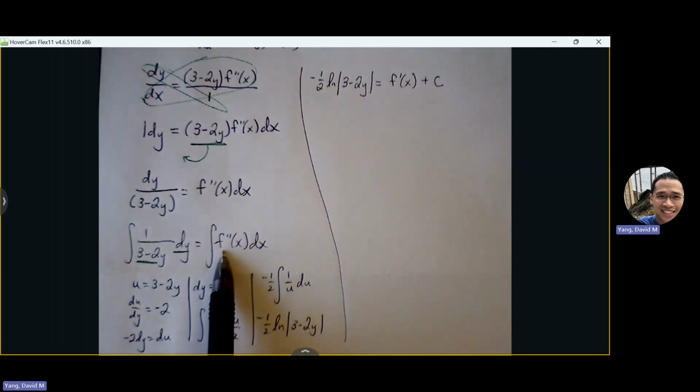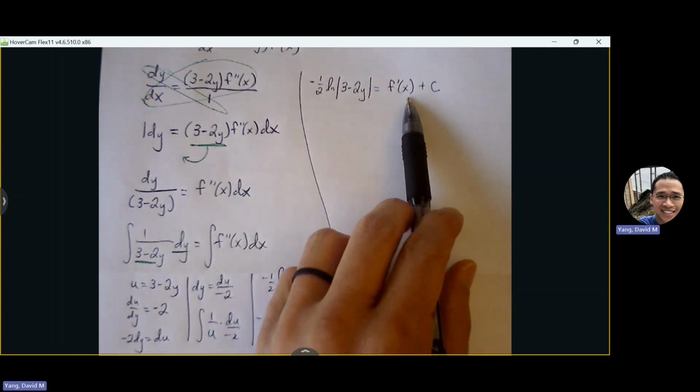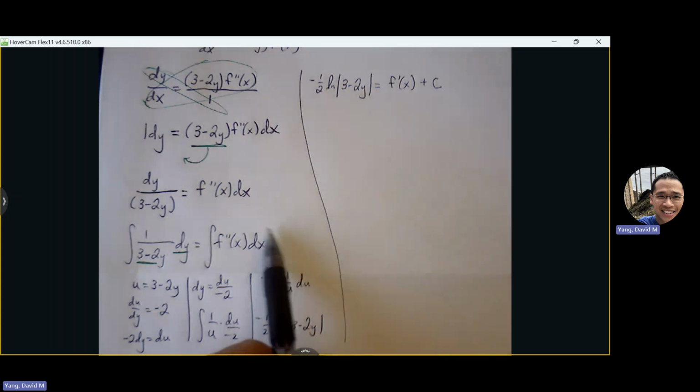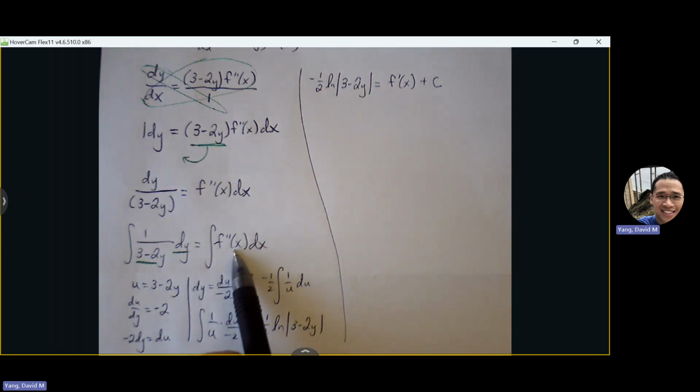On the right side, this is function notation. We can just make that f double prime rise up to f prime without having to go through u substitution there, since there's nothing inside of parentheses except just x.